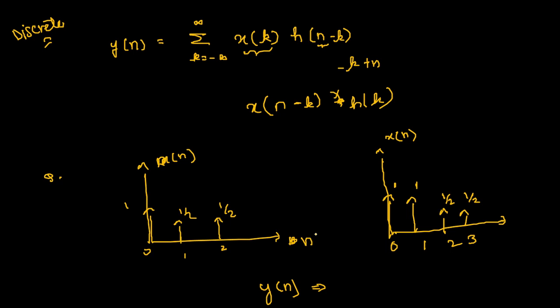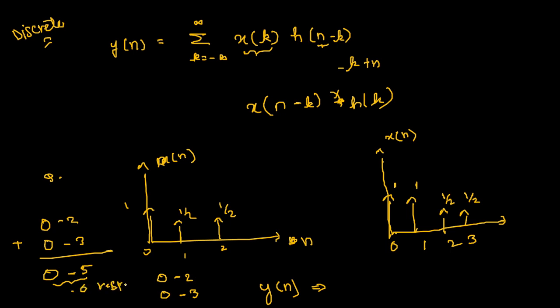We have a very simple method for that. We know that h of n is defined from 0 to 2, and x of n is defined from 0 to 3, right? So we simply add the lower limits, and we simply add the upper limits as well. So 0 to 5 is where our output signal will be defined, and 0 to 5 basically means 6 responses.